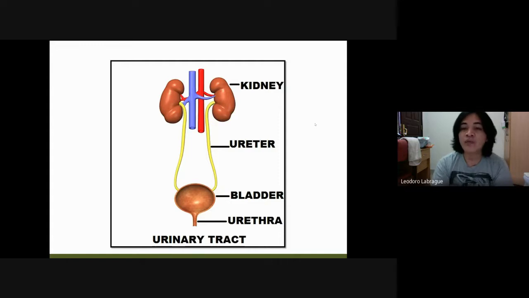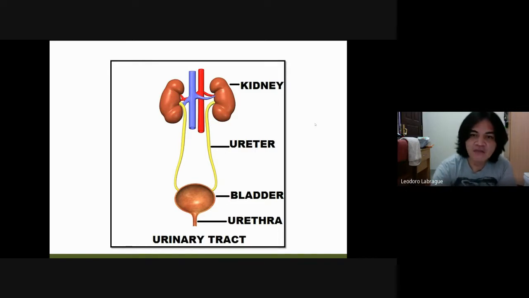Thank you so much. Aside from the kidneys and the bladder, the ureter and urethra are also important in the urinary system. Once the urine is formed in the kidney, it is transported into the bladder through the ureter. And once the bladder reaches its full capacity and a person has an urge to urinate, the urethra relaxes so that the urine will pass out from the body.